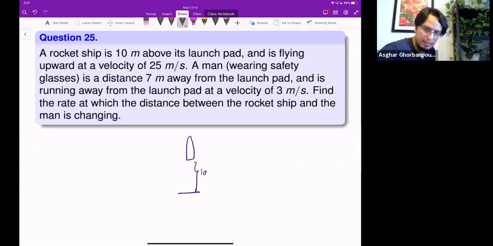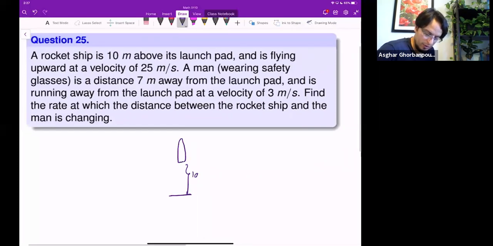A man is at a distance 7 meters away from the launch pad, so somewhere here. And running away. So my picture is showing the guy running away.